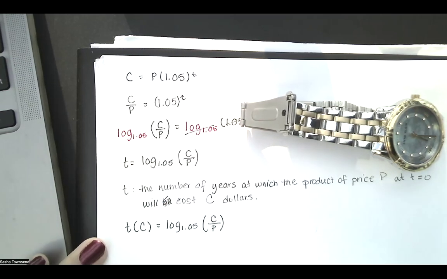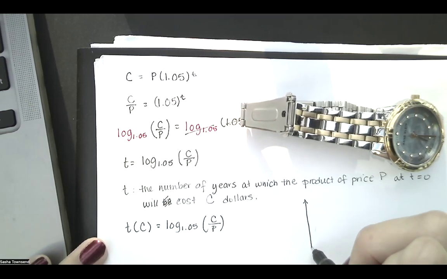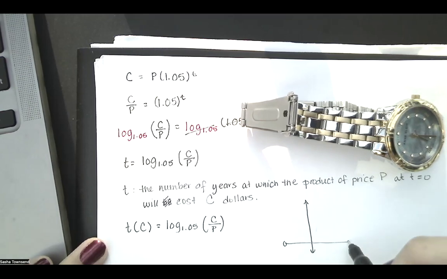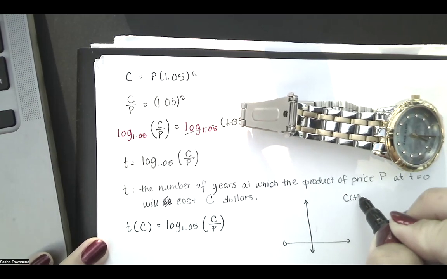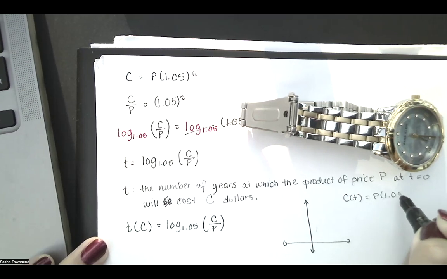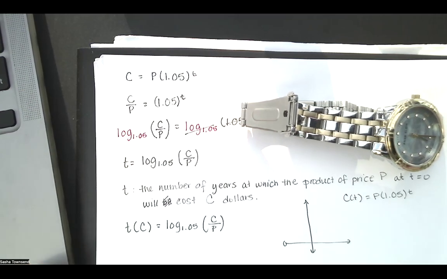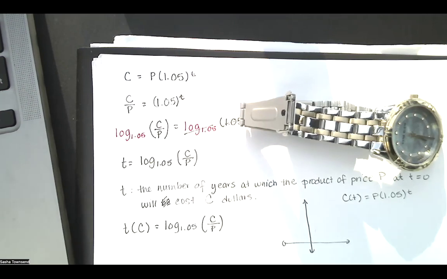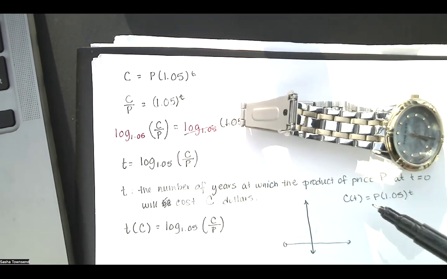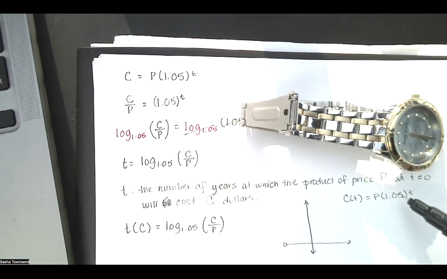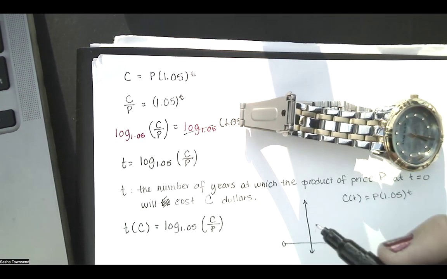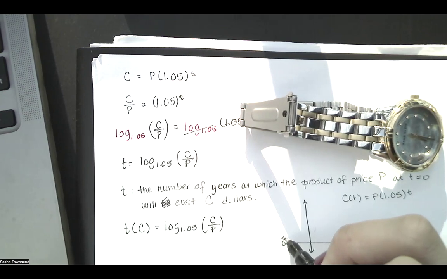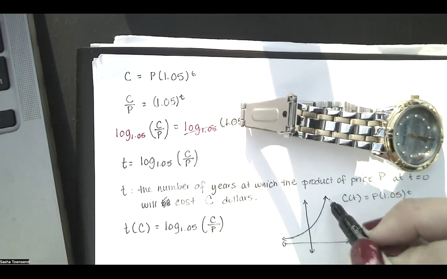All right, so if I look at this graph of C of t equals P times 1.05 raised to the t, it is just an exponential function, and it looks like all the other exponentials.